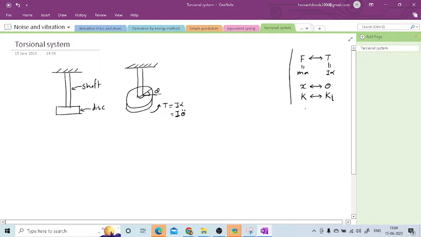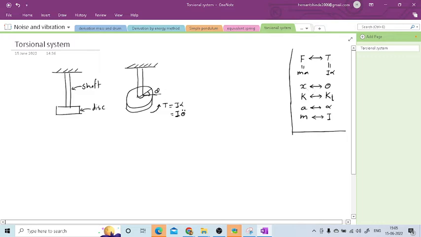In linear system acceleration is a, in torsional system acceleration is alpha. In linear system the mass is m, in torsional system it is represented by I, that is the mass moment of inertia. So these are the conversions that we require for this torsional system. With the help of these conversions it will be very easy to understand this system.